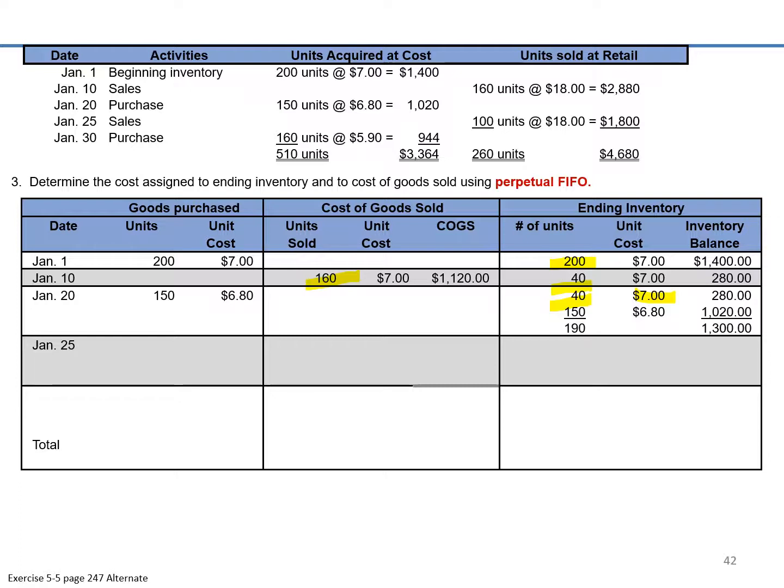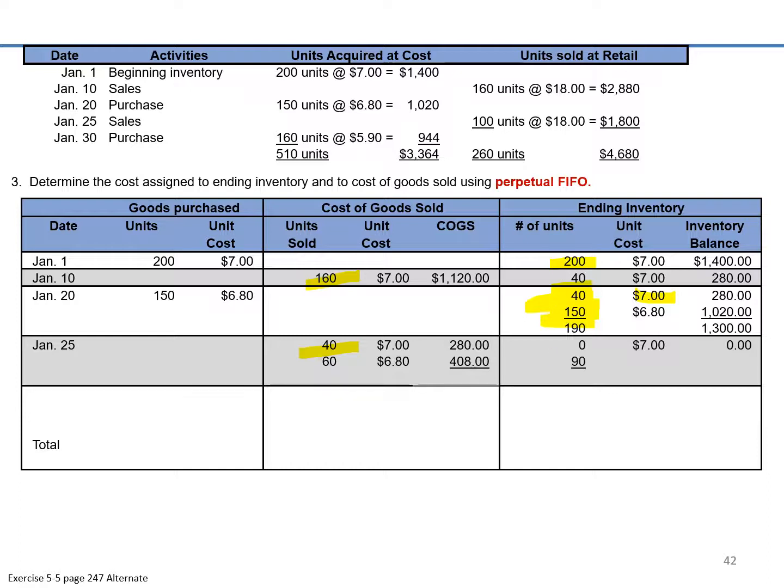Then on January 25th, I sold 100 units. So under first in first out, I'm going to sell all 40 that I have remaining from my beginning inventory first, and then the other 60 that I need to get to 100, I'm going to sell from this 150 at my $6.80 cost.